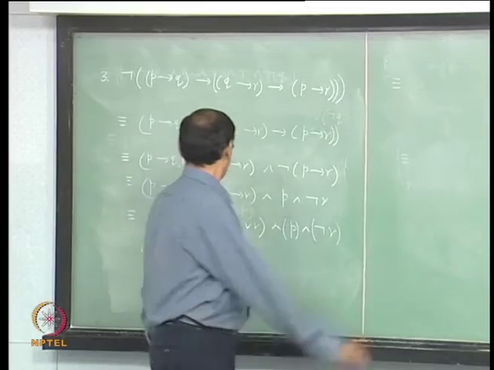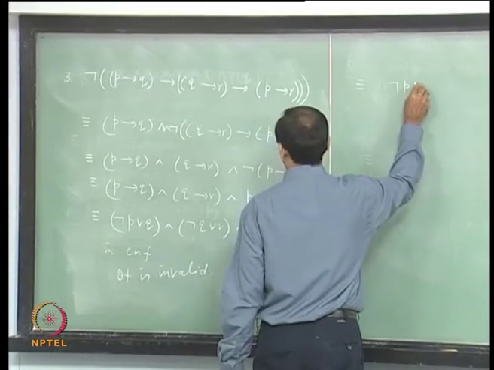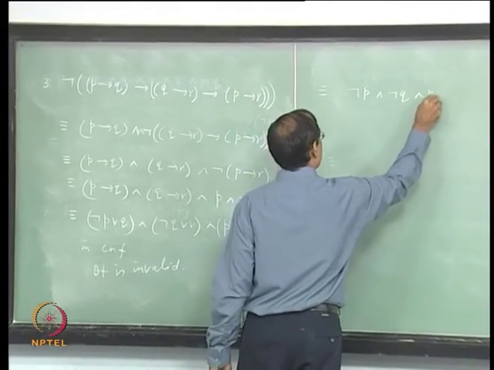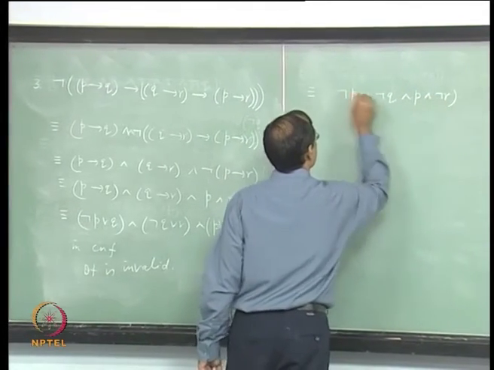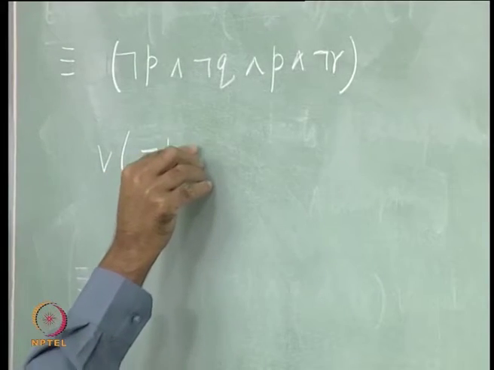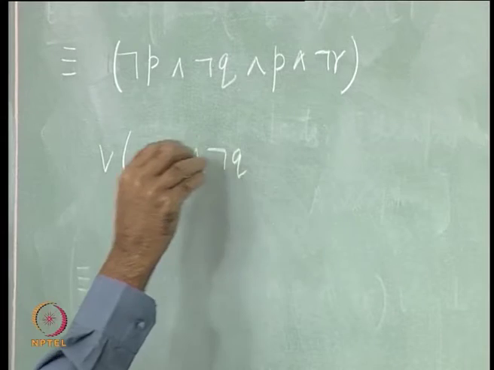Okay. So it gives not P and not Q and P and not R, or not P and not Q, not Q is gone.